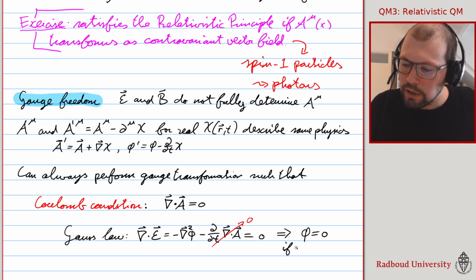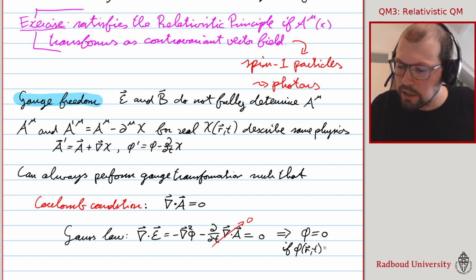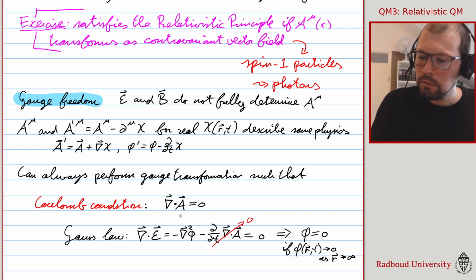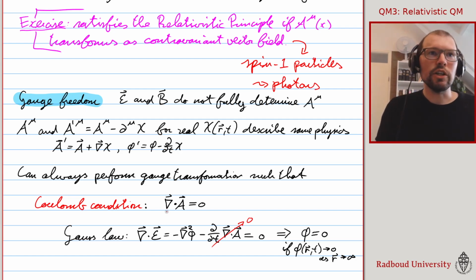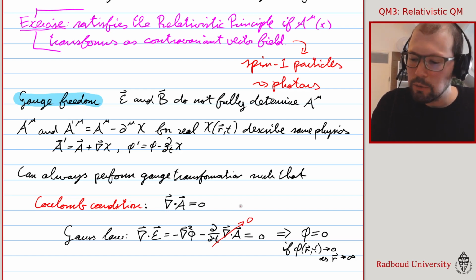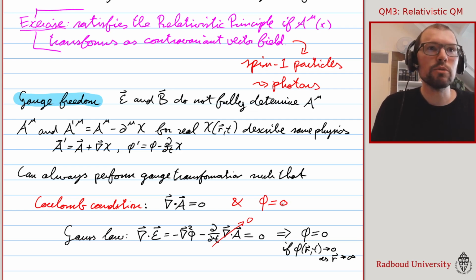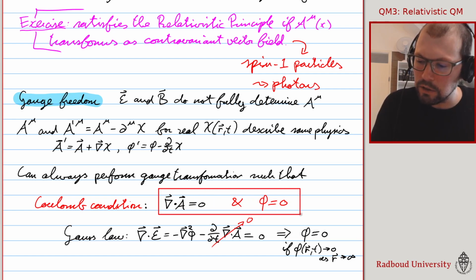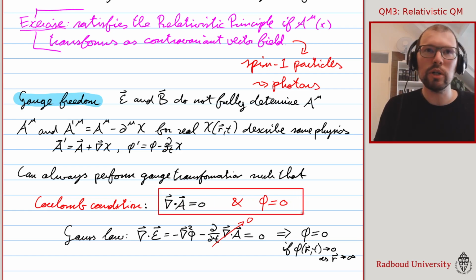So if phi of r, t goes to 0 as you take the distance to infinity, then really we do not only have that the divergence of the vector potential is 0, but this also implies that the scalar potential vanishes. And this is a very convenient gauge because it very much limits the degrees of freedom that I have.